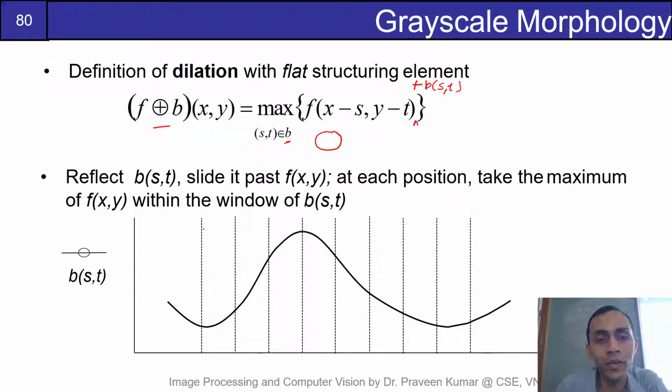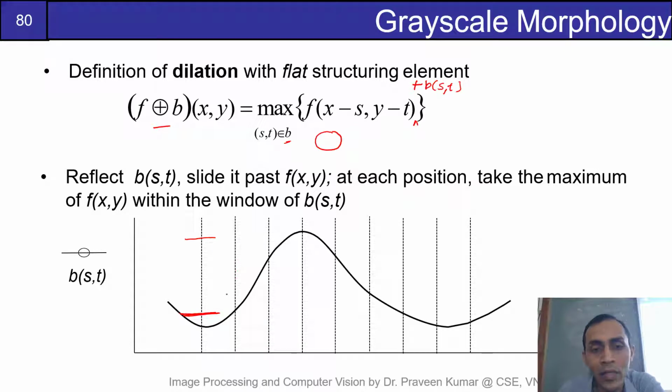If we drop this structuring element of some size here, the region will be like this. Within this region, the maximum value of f will be the value where it touches. If you drop the structuring element from the top, where it touches will be the maximum value. So the value at this location will be this value.